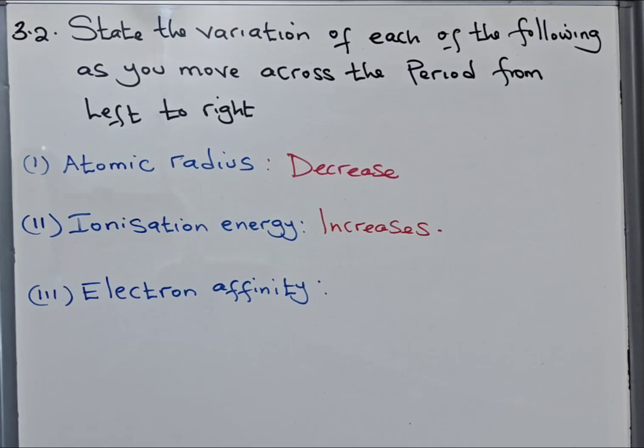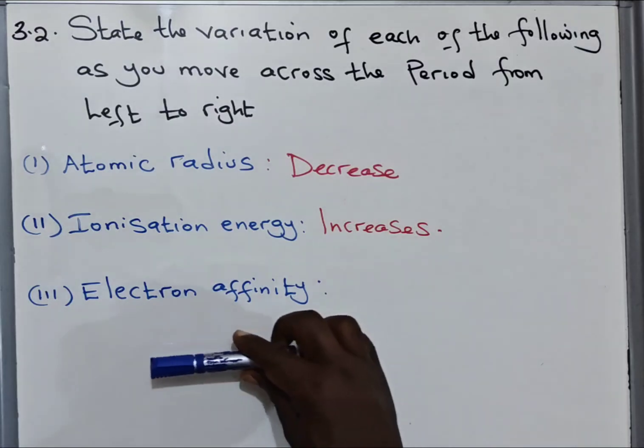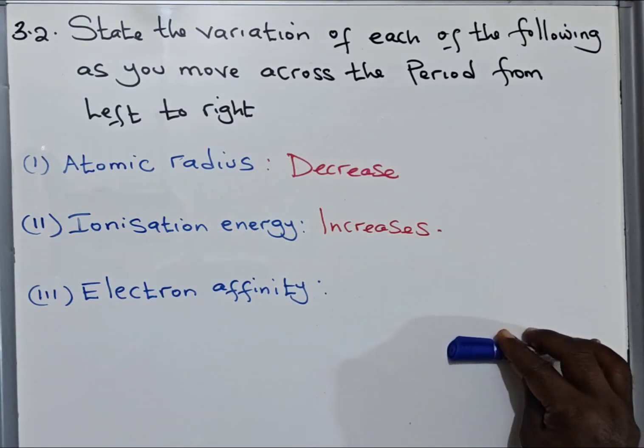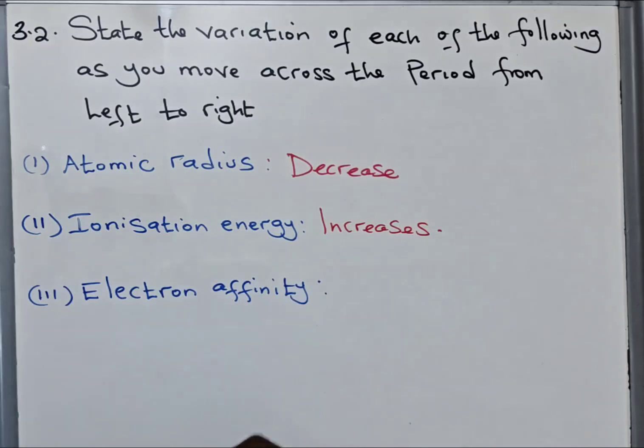And when electrons are closer to the nucleus, it means that addition of an electron will yield more energy. It's easier to pull electrons when the size decreases. So as you move across the period, the electron affinity will increase.